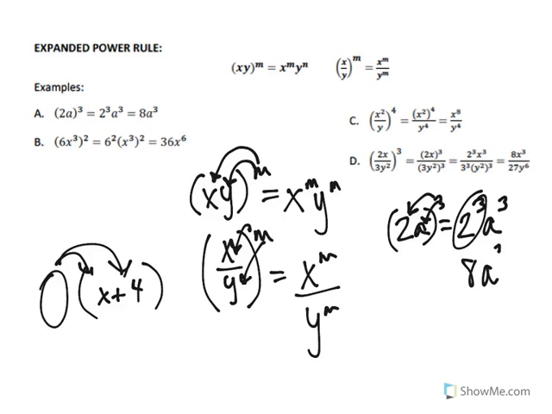It becomes 8 times a to the third, but we have to leave a to the third. And that's our answer. So many times I see people do this. You have 2a in parentheses raised to the third power, and they just say this is 2 times a to the third. Don't forget, the exponent needs to be given to each piece in the parentheses.